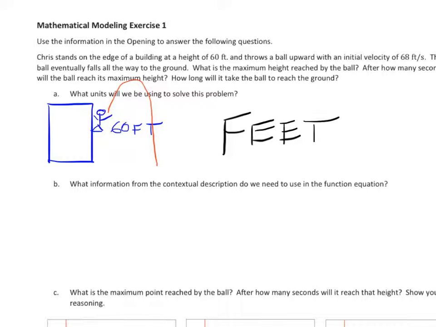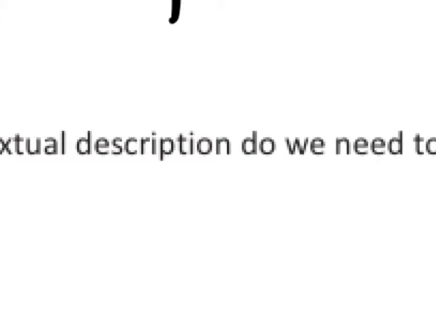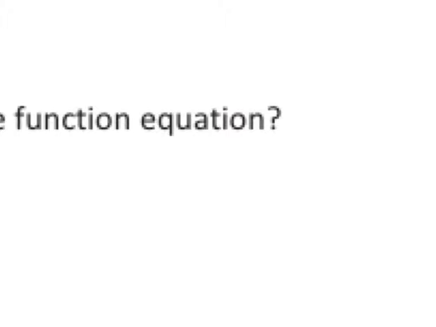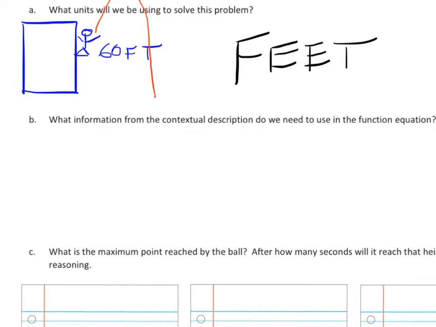And then, what information from the contextual description do we need to use in the function equation? Well, first of all, we have to write the function, which is h of t equals, and since this is in feet, it's got to be negative 16 t squared plus. The next part of the function is velocity. What was the velocity that I showed you in this problem?